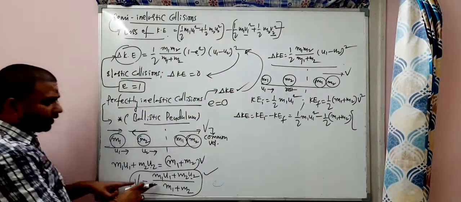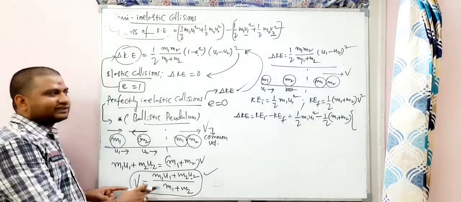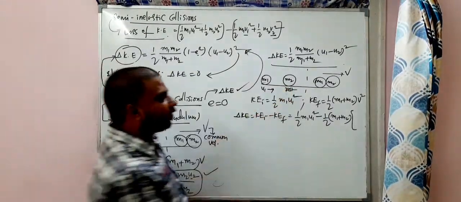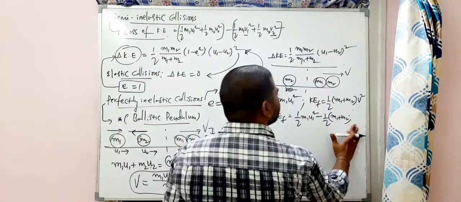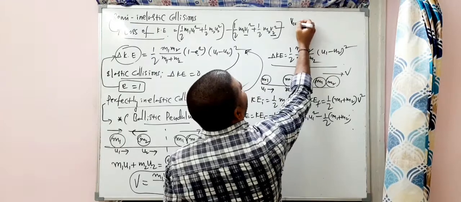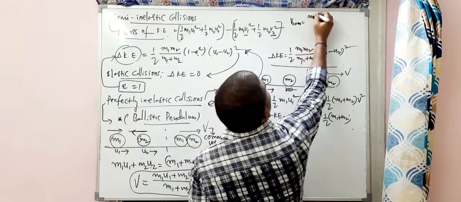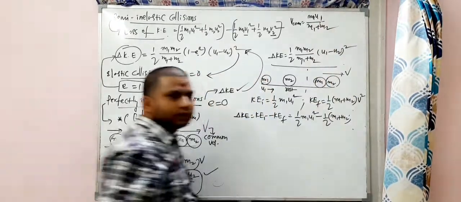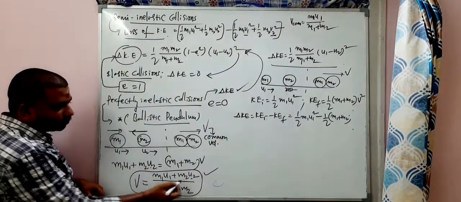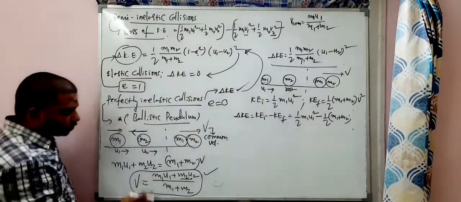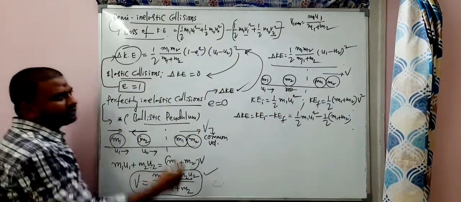What is v? This is the common velocity. What is the common velocity in this case? Common velocity is equal to m1 u1 by m1 plus m2. Understand? See, common velocity, u2 is 0, at rest. So m1 u1 by m1 plus m2.